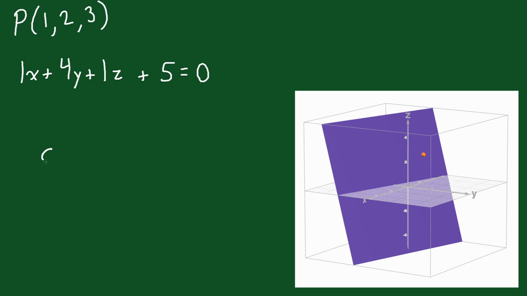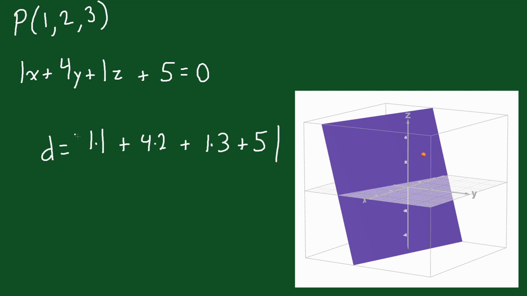So again, we use our equation. d is equal to a times x naught, so 1 times 1, plus b times y naught, so 4 times 2, plus c times z naught, so 1 times 3, plus d. This d value, which is 5.